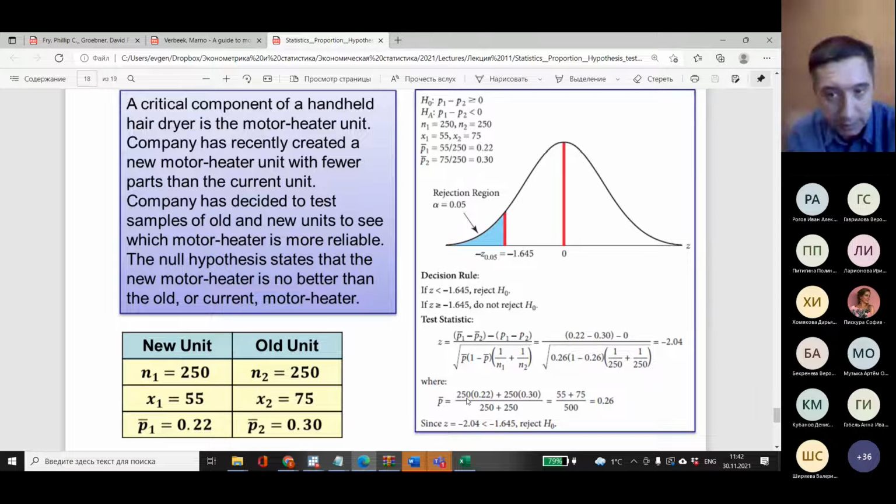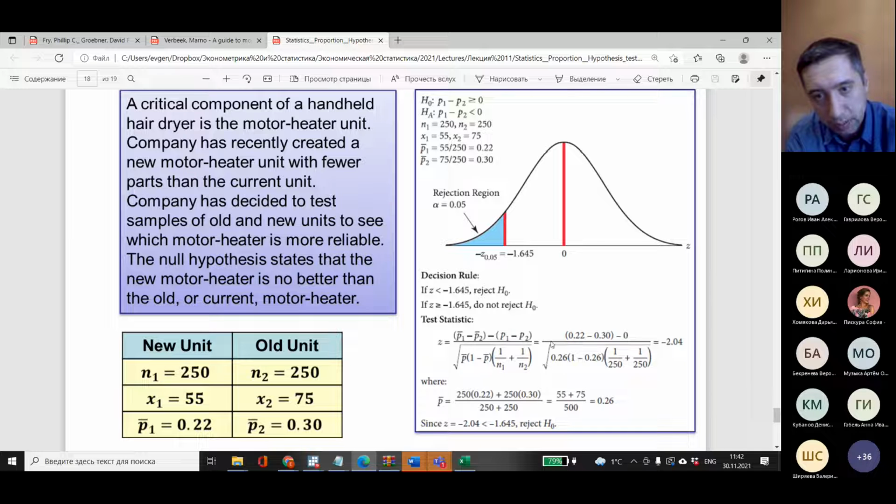And what I have to do, I have to apply a formula. My output is 0.26. Once I have such a number, I need to calculate the Z statistic. Here I have to find the difference between two sample proportions. Next I should use my pooled proportion to calculate the pooled standard error.